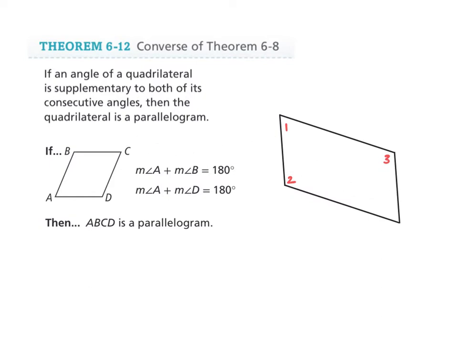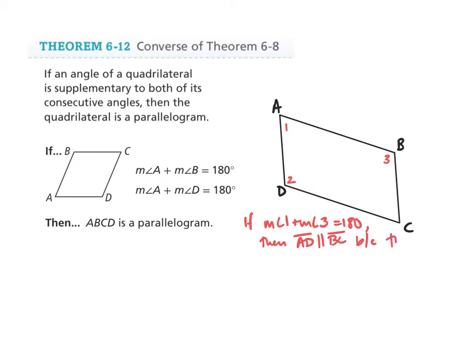Well, I'll say this. If the measure of angle 1 plus the measure of angle 3 equals 180, I guess I should put some letters again on here, A, B, C, and D. If those two add up to 180, then that means that AD is parallel to BC because the same side interior angles are supplementary.